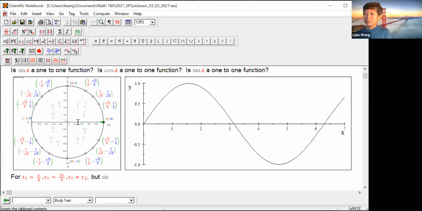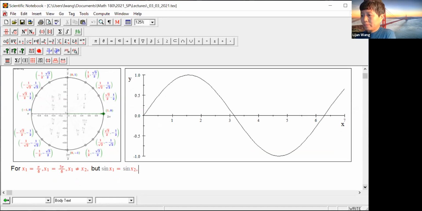sine of x1 equals sine of x2. You can certainly make this much shorter. I want you to compare this language with the definition of one-to-one. So we have a definition.